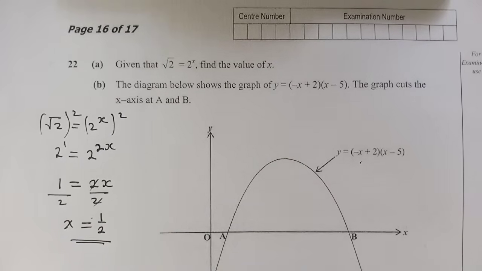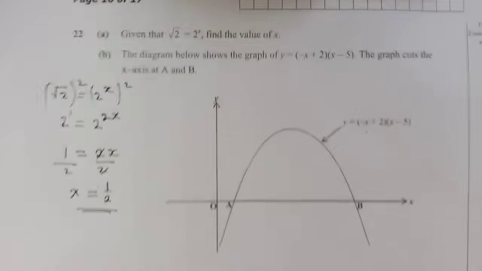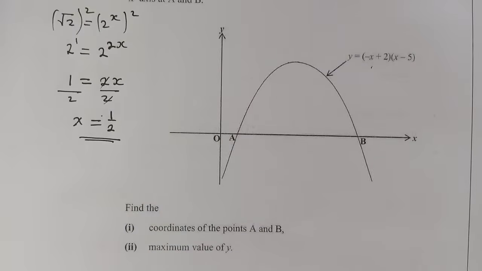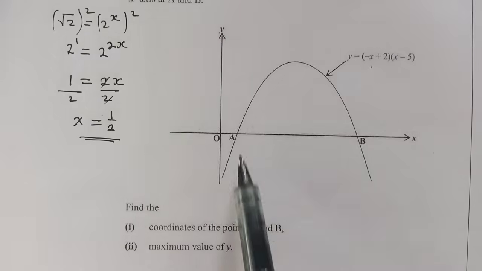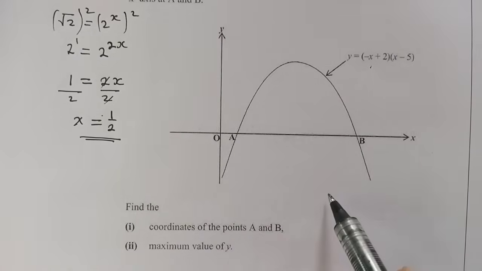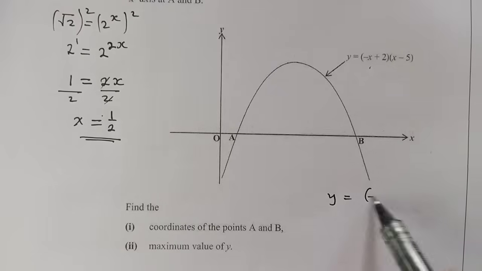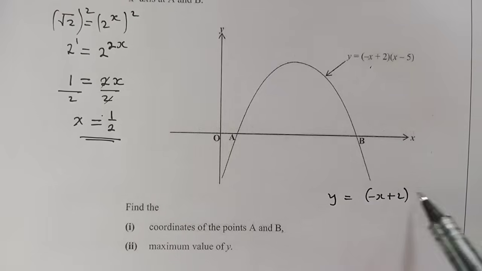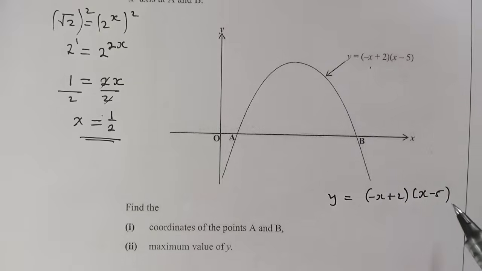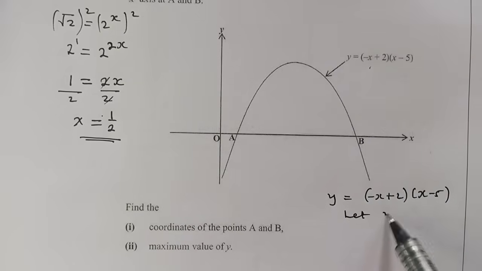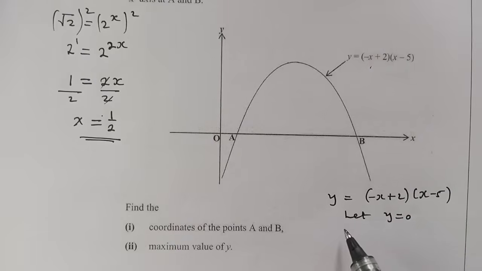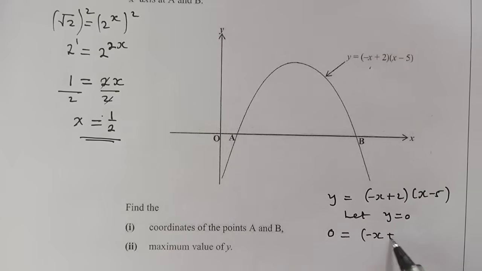For B, here they wanted us to find the coordinates of the points A and B. So what we normally do, we get the given function, and we let y is equal to 0. So y is equal to 0, we'll have something like this.